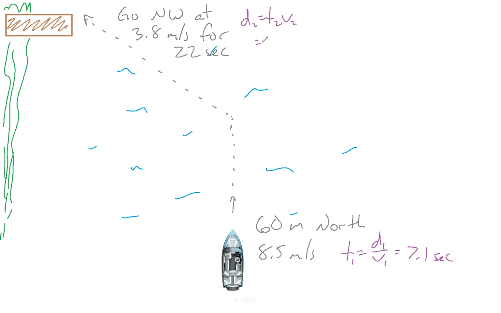So I've got the 3.8, and I'll times it by the 22, and my second distance is 83.6 meters. Even if I don't know what to do with these pieces, or if I need them, sometimes it's just great to find all the pieces for each part of a situation. Then you can see if they're going to tie together later on. So now I've got the distance, the times, and the v's for each part.